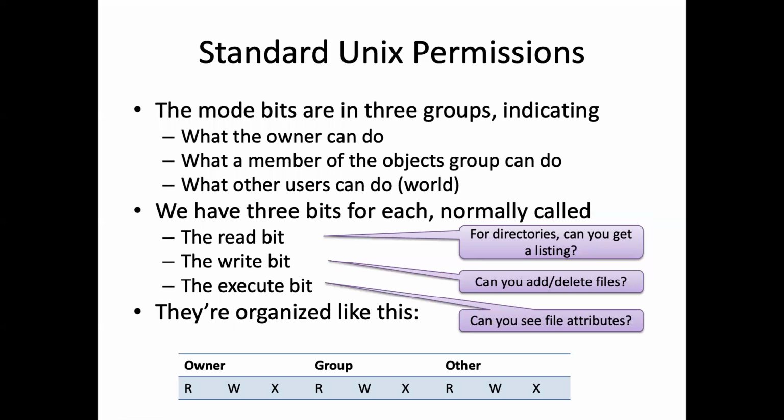And that's what I've tried to illustrate on this next slide. For every object, and when I say object, I mean a file or a chunk of shared memory or a named semaphore that you create, where you might want to control what processes can use that thing and what they can do with that thing.